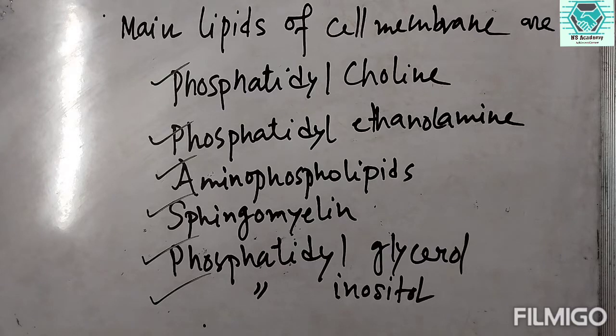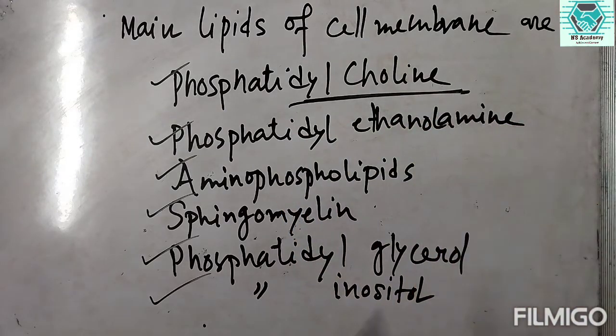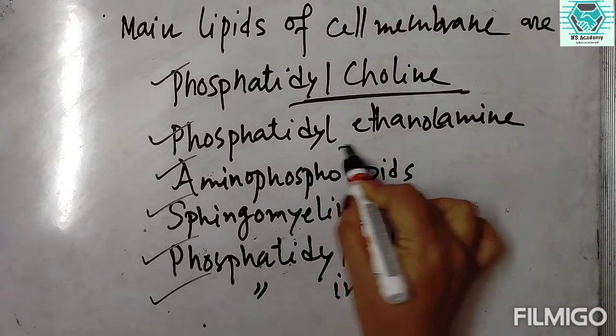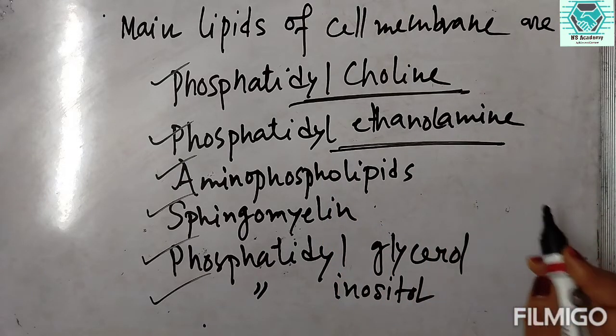Among these lipids, we know there is a lipid bilayer, as we have seen in the diagram. The lipid present mainly in the outer layer is phosphatidylcholine. These kinds of lipids are present in the outer lipid layer, as well as ethanolamine, which is present in the inner layer.